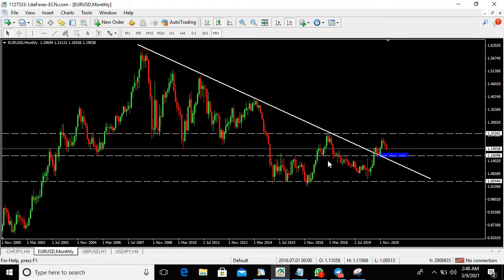When the market has made a double bottom like this and tries to break the trend line, the probability is going up. This is what we call a turning point. Now we are expecting the market to go up.